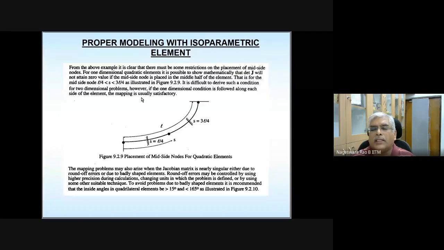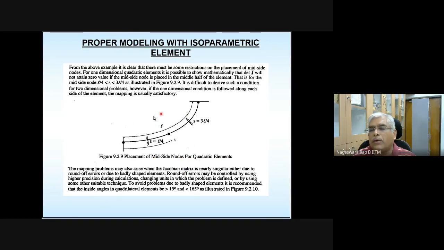Same logic is applied here. For an 8-node element, the mid-side node should not be close to these extreme nodes by a quarter of, instead of element length, that particular edge length. Here you can see the caption given: placement of mid-side nodes for a quadratic element.